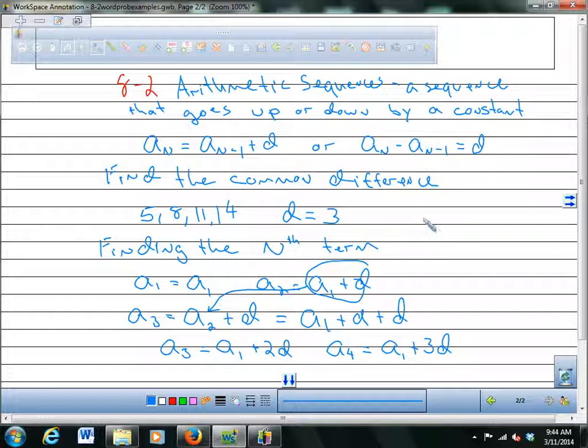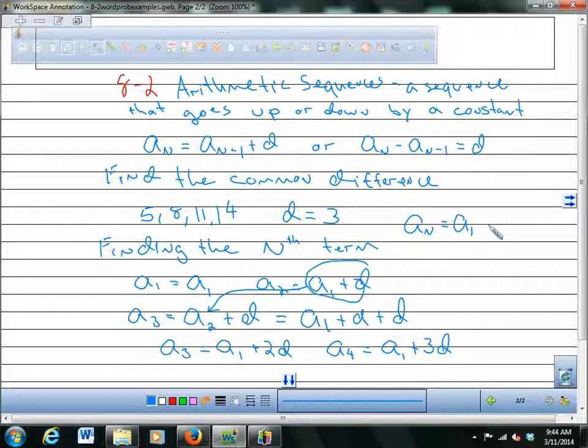So can you kind of see that a sub n would be equal to a sub 1, since to find a sub 3, I take a sub 1 and then I add 2 d's to it, right? To find a sub 4, I take a sub 1 and I add 3 d's to it.